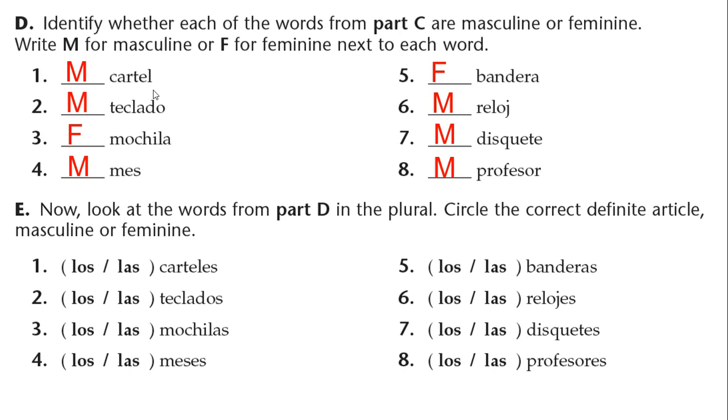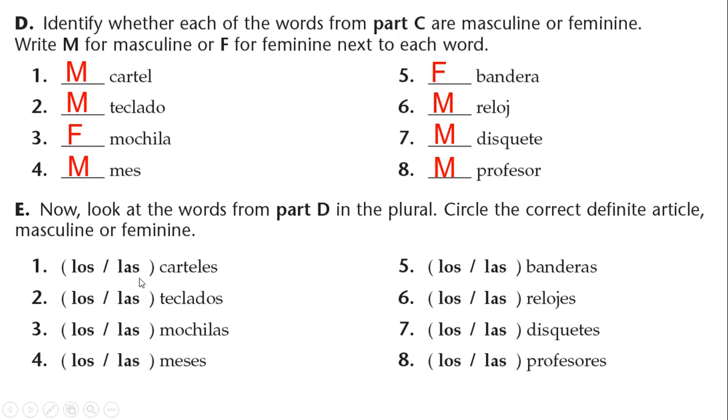So now that we know whether they're masculine or feminine, we're going to look at the fact that these are all now plural. So these are the same words that we had from parts A, B, and C, and we're just adding the articles in front of them. The. So the posters, the keyboards, the backpacks.